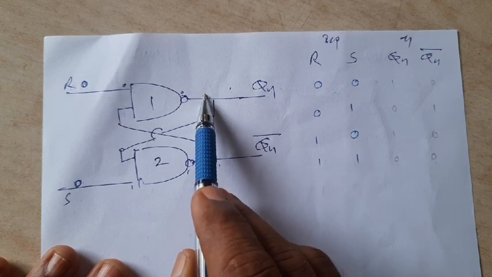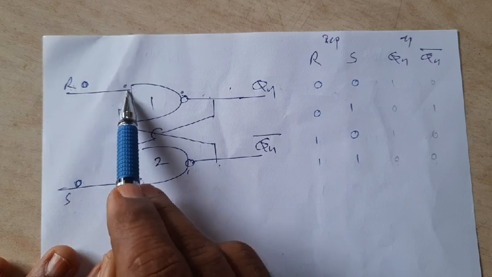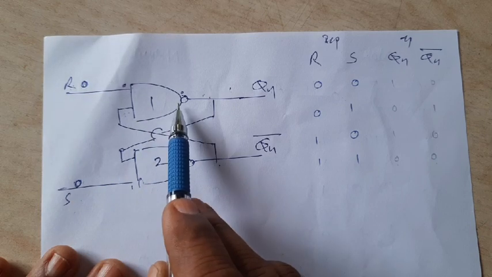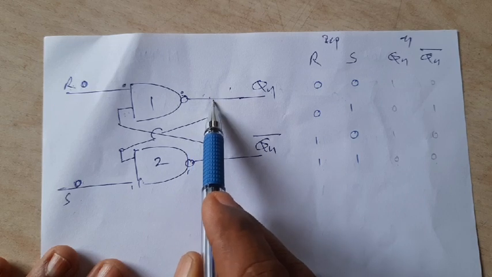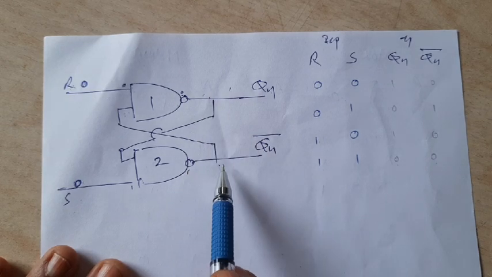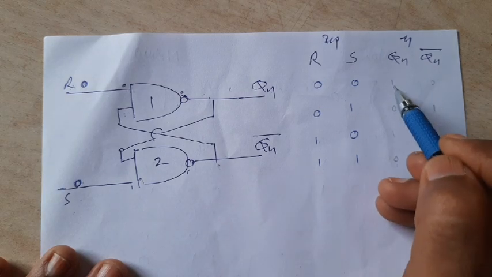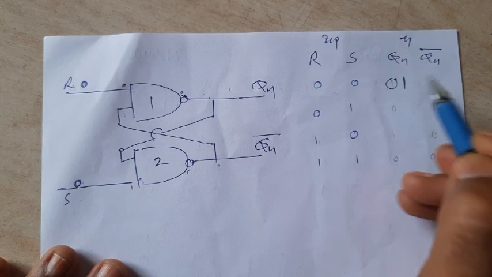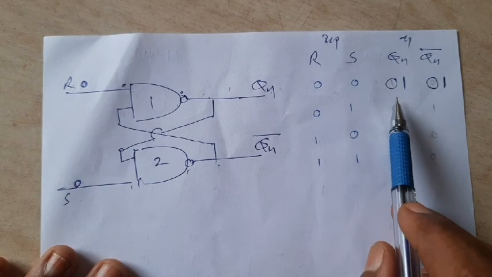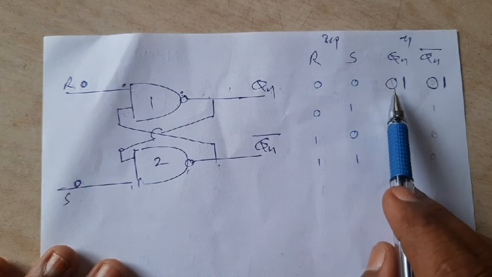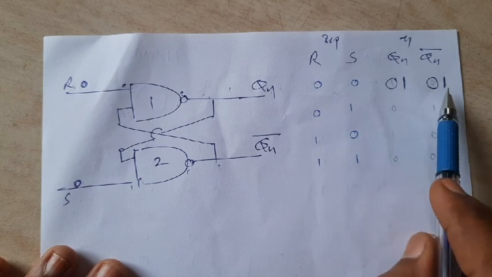What is the reason? Because as it is 0, irrespective of the other input, the output of the AND gate is 0, and so the output of the NAND gate is 1. Here it is 1. Similarly, here it is 1. So here it will be 1 and 1. Check. You have written it as 1 and 0, but now it is 1 and 1.